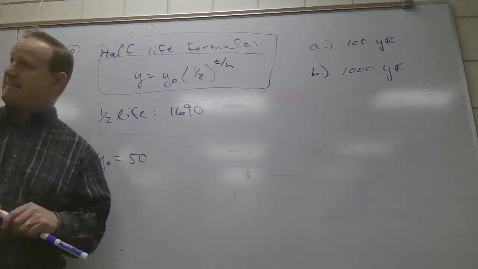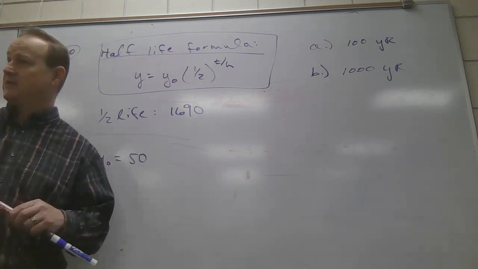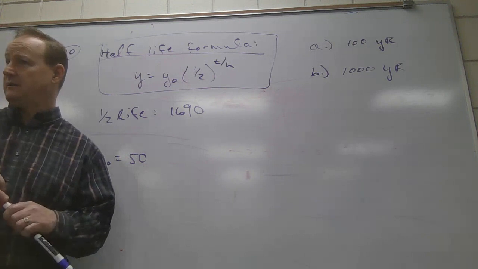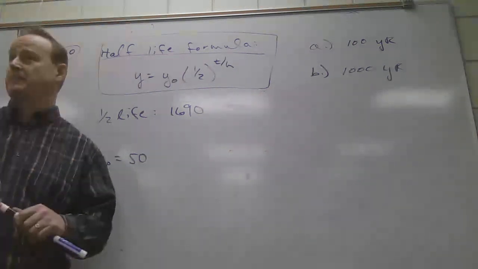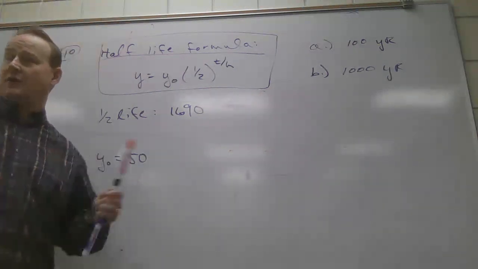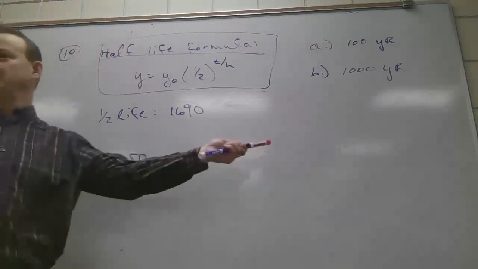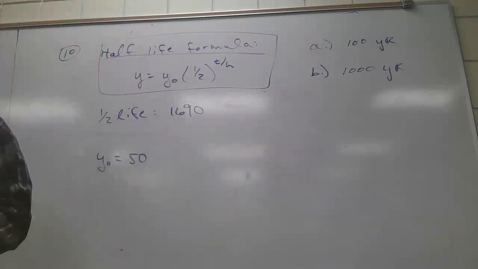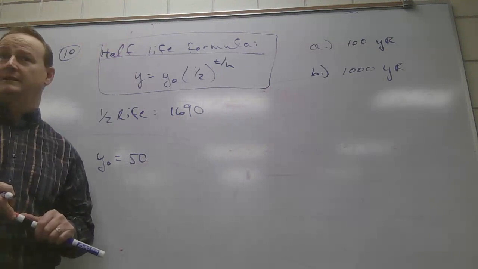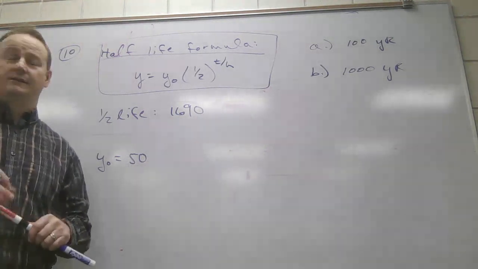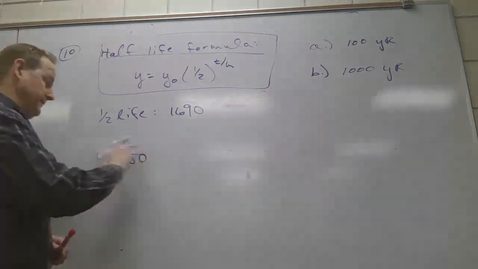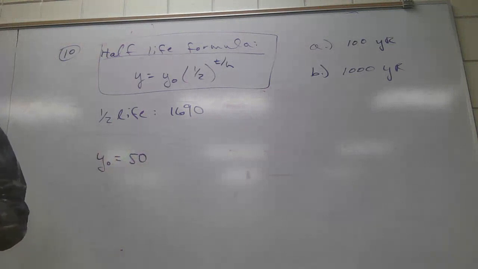Yeah, we used 50. 50 was the start value? The half-life of radium, it's 50 grams. So you started with 50 grams? Yeah. Start. Okay. So you're assuming 50 is the amount at the beginning?